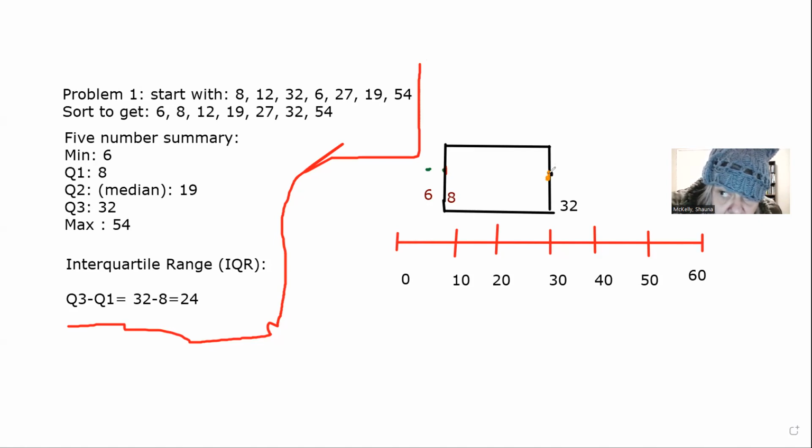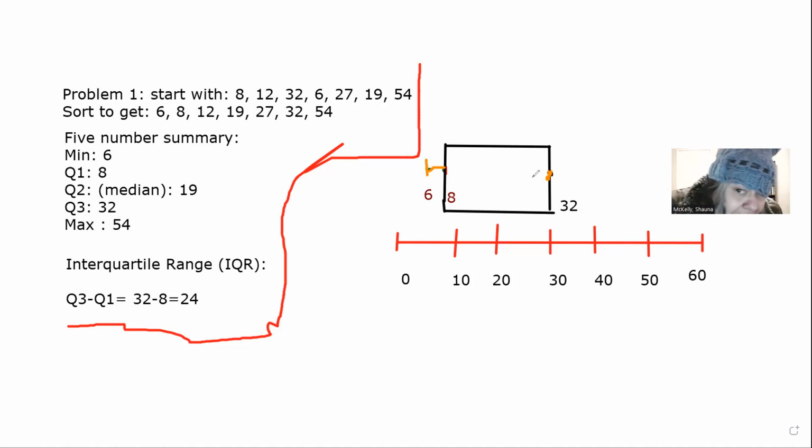Okay. So that's 32. Now, this is 8, this is 32. There's a little space between your first quartile, sorry, and your minimum. So for that little piece, we have a little whisker to the left. And we make a little line to show that we have a little whisker.